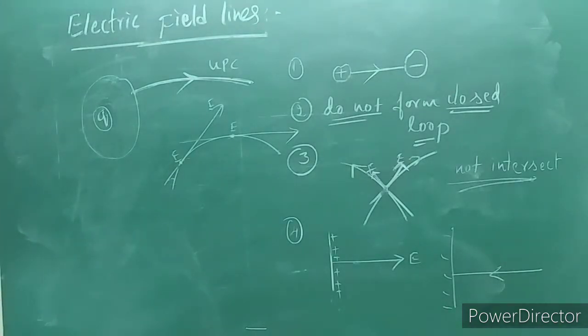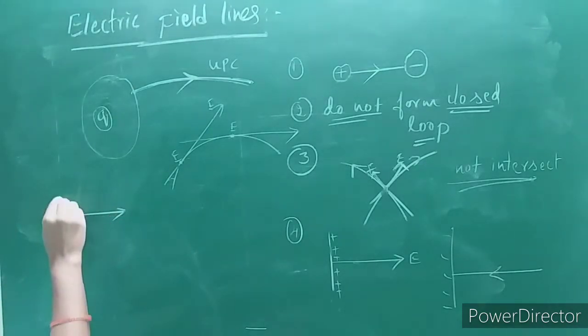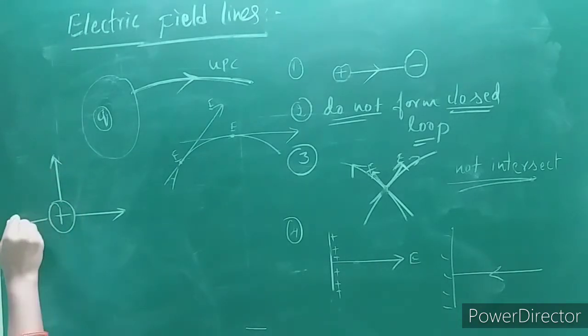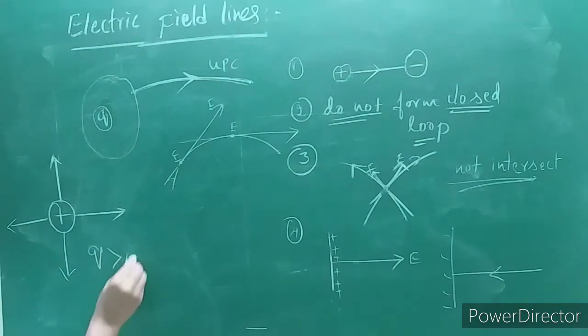Now suppose we consider a single positive charge. In the case of a single positive charge, the electric field lines are always acting radially outward. See, the electric field lines are acting radially outward due to a single positive charge, meaning charge is greater than 0.